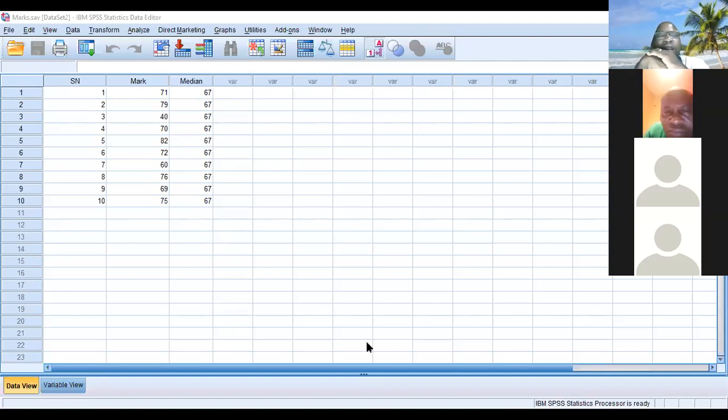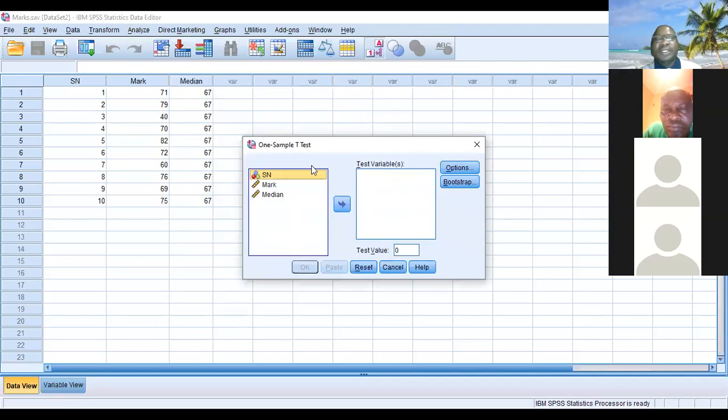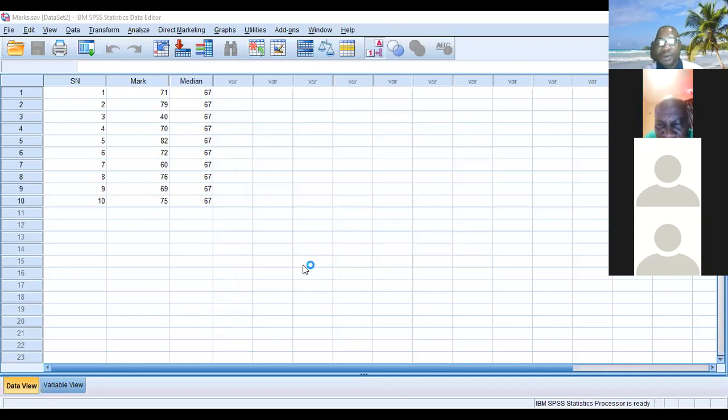Let's assume that even the one they call median, let's assume that it is the mean, 67. If we want to run it, just say compare means, one sample t-test. This is the mark, then we are comparing with 67. Look at it.